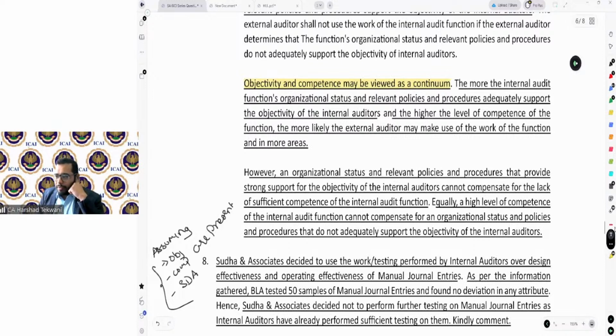So you need to comment on this. Assuming I can rely upon the work performed by the internal auditor, who has tested the journal entries, 50 samples, and has seen the controls. There are two controls, one main key control and a supporting control.